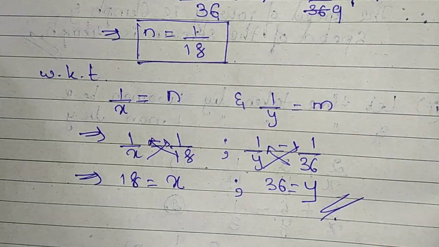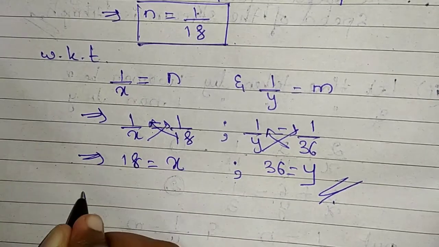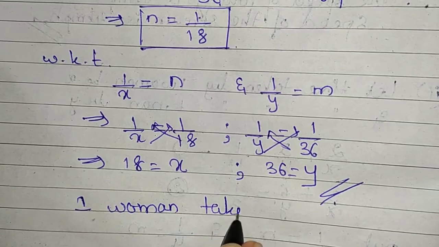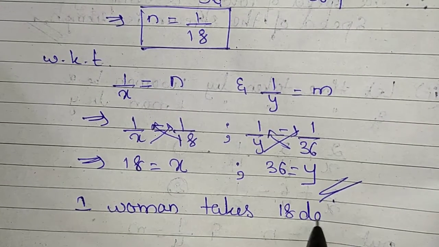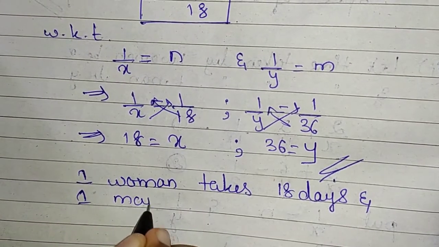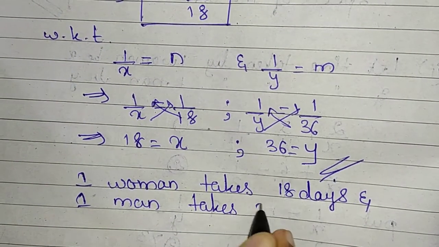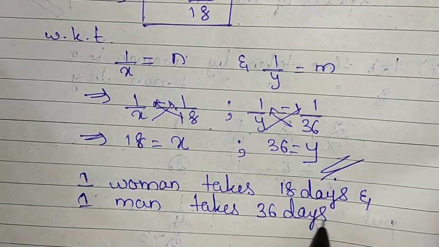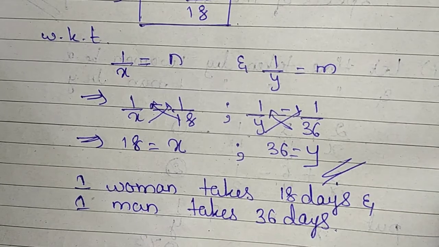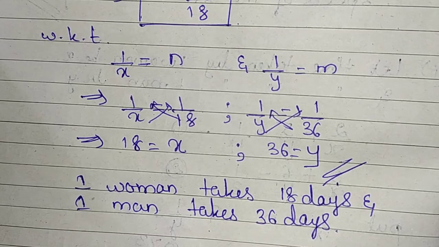So one woman takes 18 days and one man takes 36 days. Remember to construct these equations where they ask about work, how these many women, these many children, these many people complete the work in these many days. You have to apply inverse proportionalities here. So this is the required result.